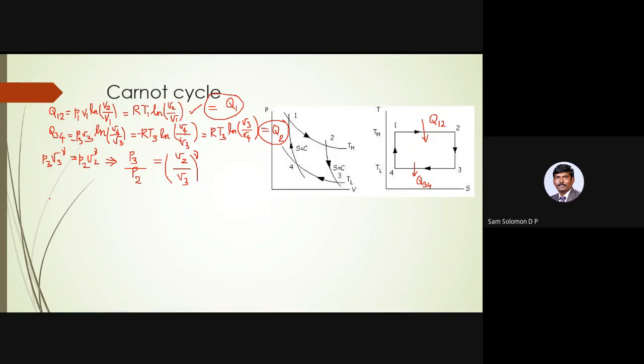And then you can use the ideal gas equation of state and write this as P2 V2 by T2 is equal to P3 V3 by T3.